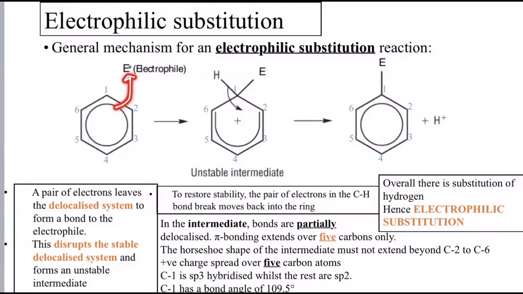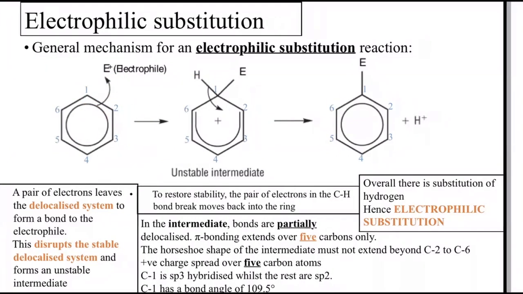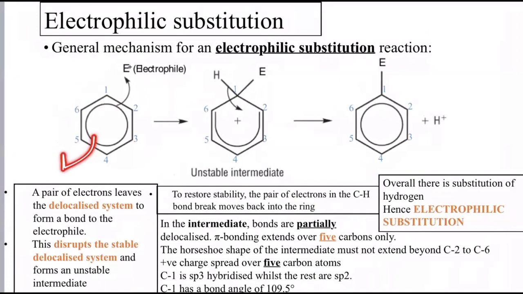So if you draw it like this, that means your electrophile can either sit on carbon 1 or 2 only. If you want to make your electrophile sit on carbon number 5, you would draw an arrow like this. The one in your notes has the electrophile on carbon number 1, which is fitting because wherever your electrophile sits automatically becomes carbon number 1.